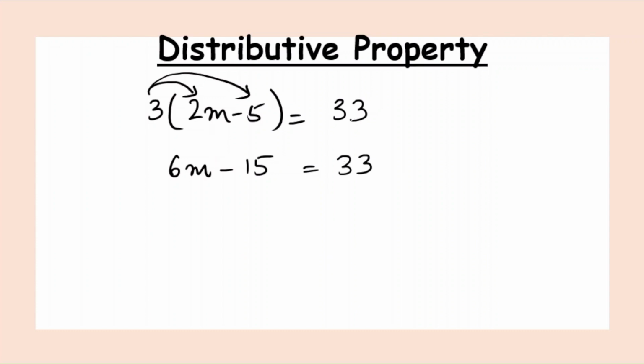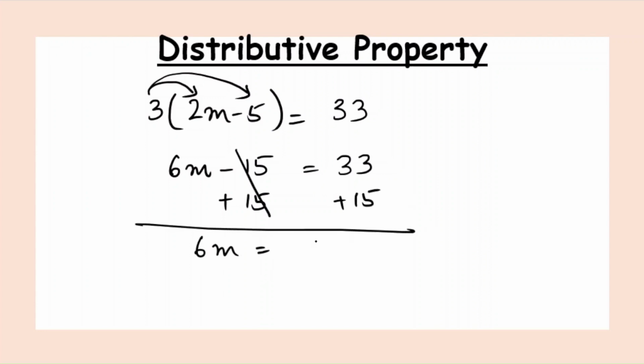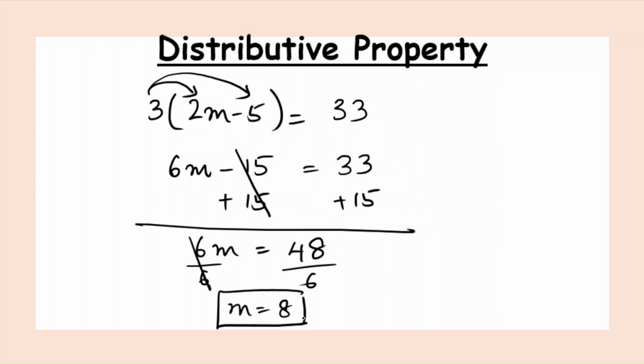And now after using the distributive property, it's just my two-step equation. So let's eliminate this negative 15: plus 15 on both sides. 0, 6m is equal to 48. Divide by 6 on both sides. m comes out to be 8. That's the answer.